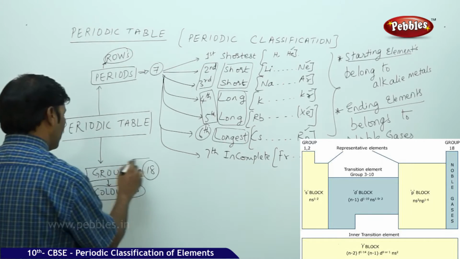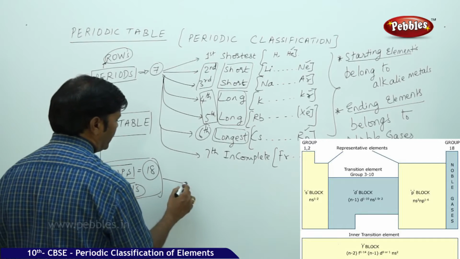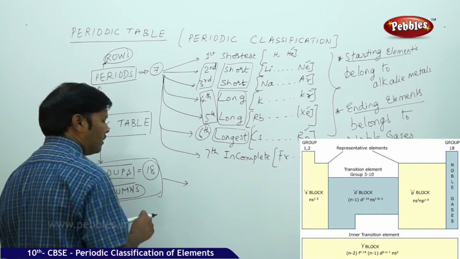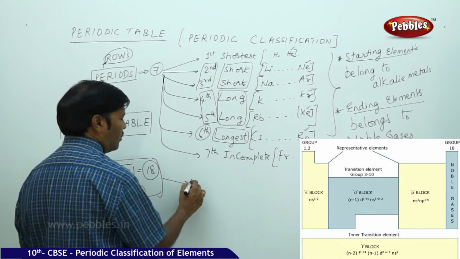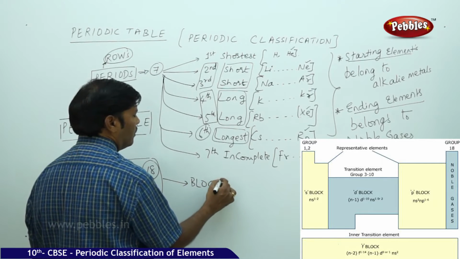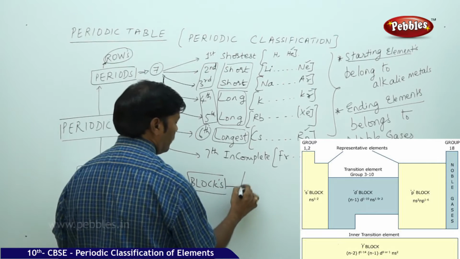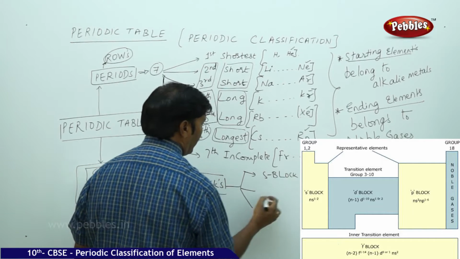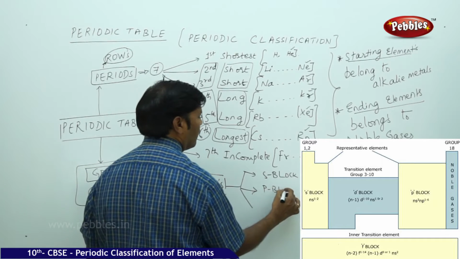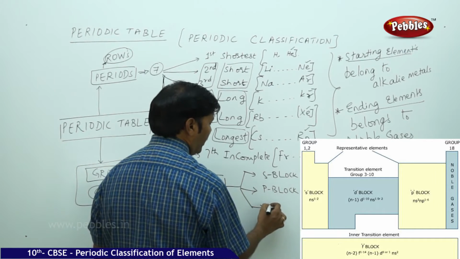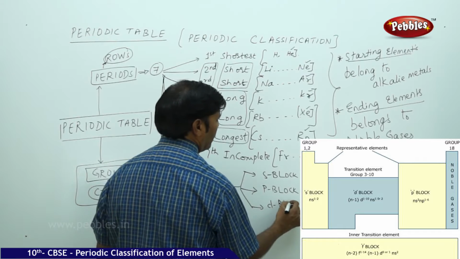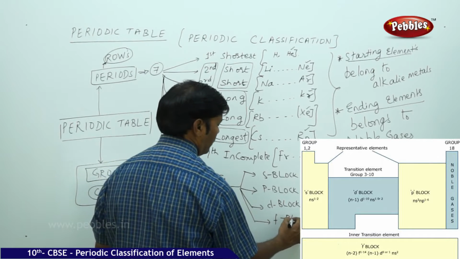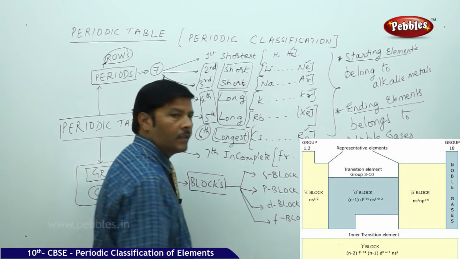If you go for groups, there are a total of 18 groups. These groups are classified into blocks. Blocks are classified into 4 subtypes: S block elements, P block elements, D block and F block elements.